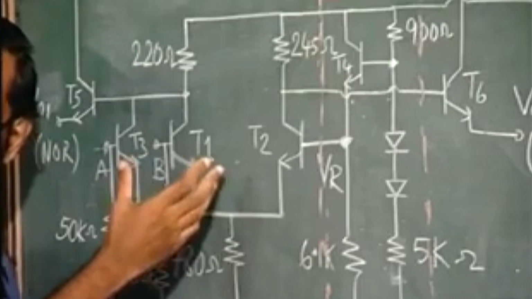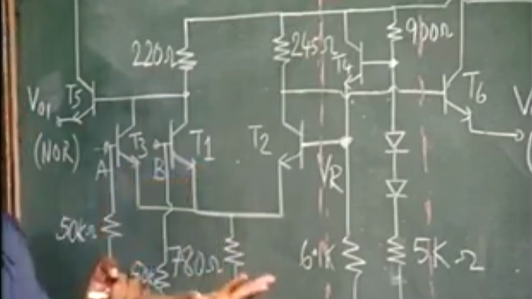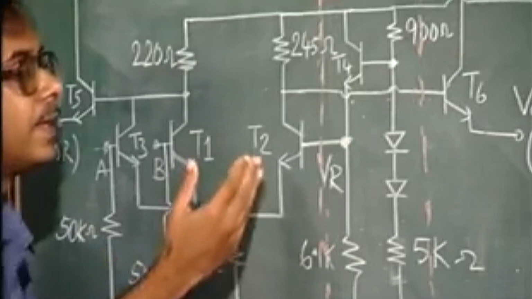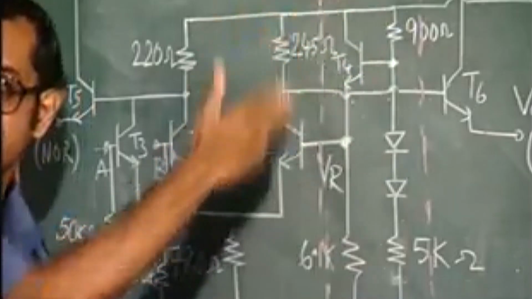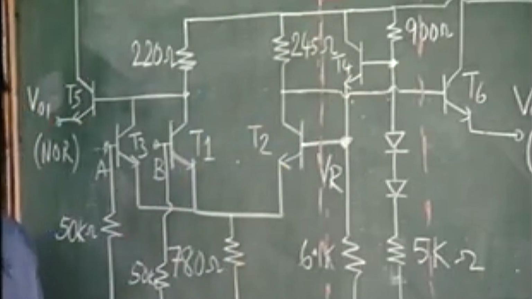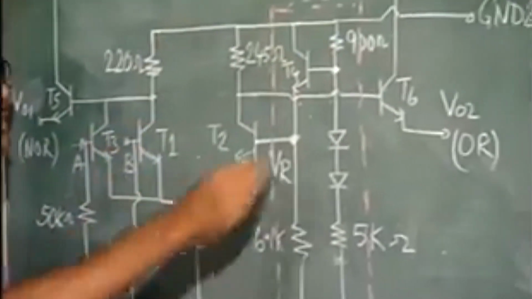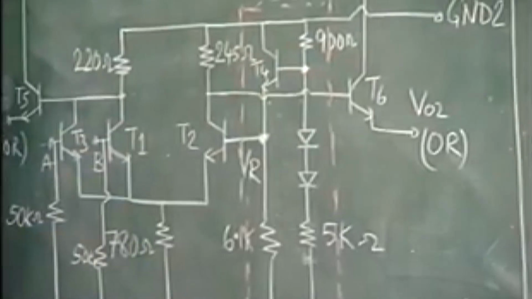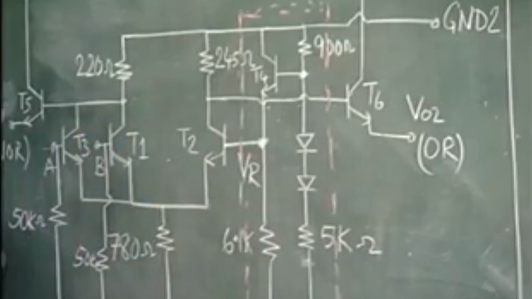It is just the total current which is being switched from one branch to the other. And also, for this reference voltage generation circuit, the current is almost fixed. So, if you look at the circuit connected to this ground 2, the current flowing is almost fixed.